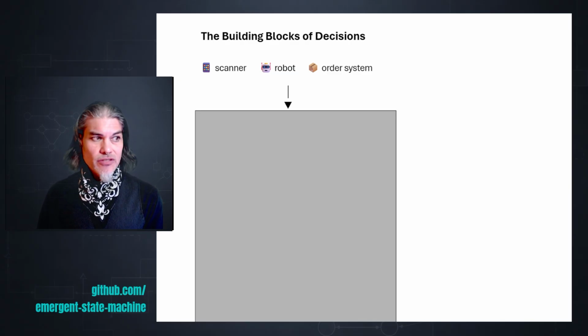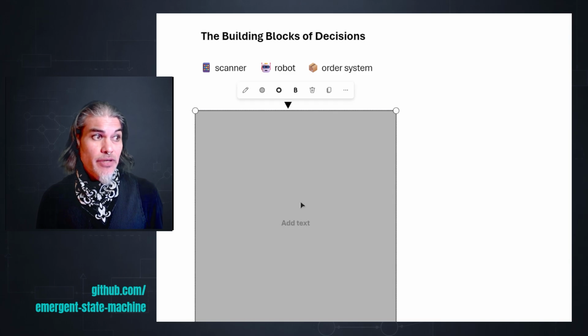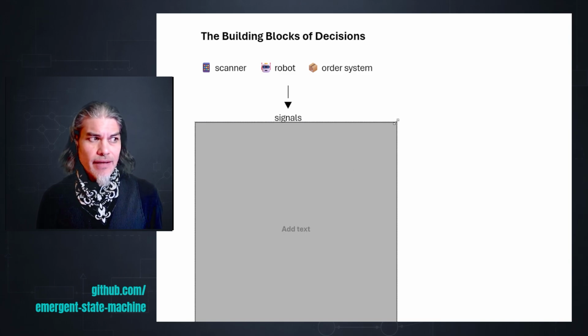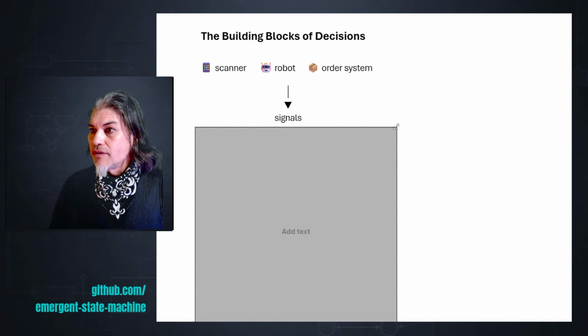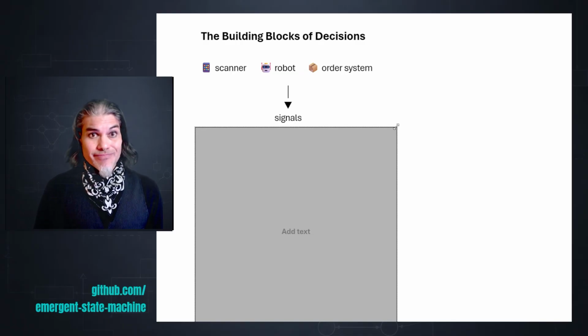Scanner events, inventory systems, robot telemetry, order systems, task queues. These systems are constantly producing operational data that fit naturally into a turn-based architecture.